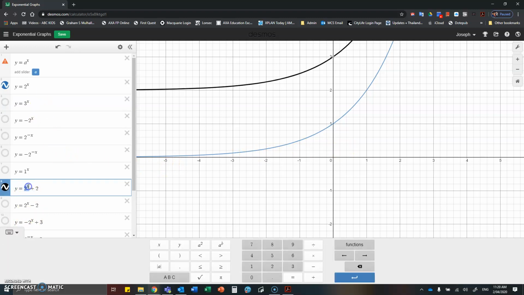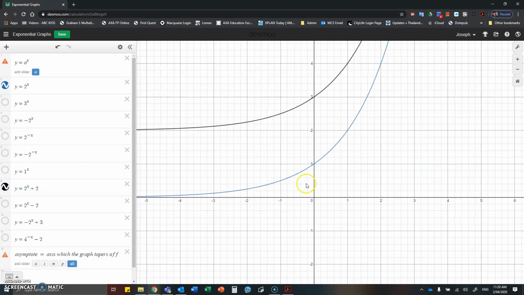Compared to y equals 2 to the power of x, it moves that graph 2 units up. So instead of hitting the y-intercept at 1, it's hitting the y-intercept at 3. To work out the y-intercept, you do exactly the same thing as with any other graph or equation: you make x 0. So 2 to the power of 0 is 1, and then 1 plus 2 is 3. So this graph is cutting through the y-axis at 3.